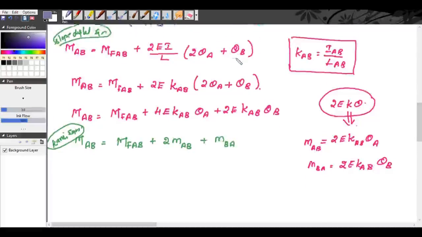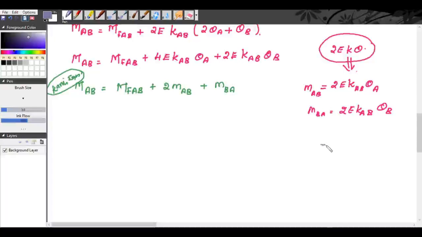So if this is A dash, B, the joint equilibrium equation is MA dash plus MAB equal to 0.